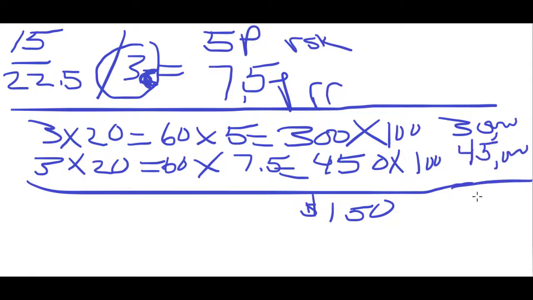Theoretically, I'd be up 15,000 if I'm winning 60-40, or at least 50-50. So just make sure you control your risk.